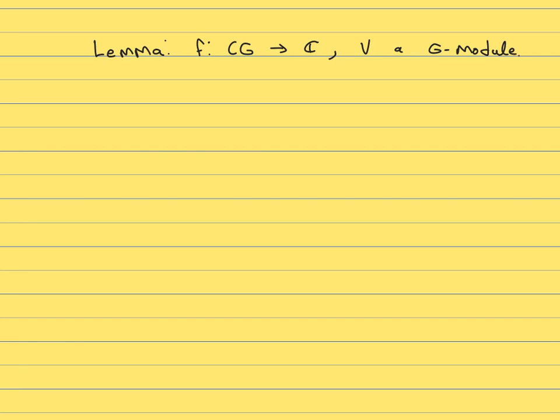Then what we want to claim is that the linear operator given by doing the average, where now you multiply by f of g, well, I'll do the conjugate, f bar of g, times g under this action, is G invariant.